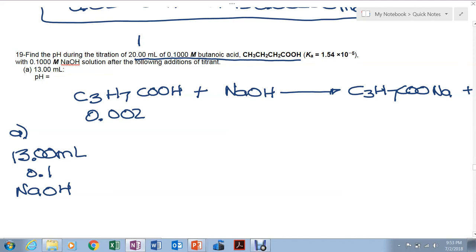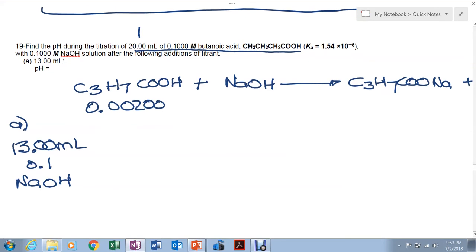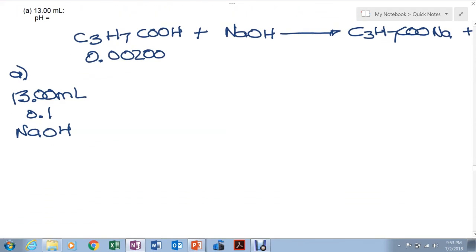Okay, so you got here 0.0 moles. Now let's look at how many moles of sodium hydroxide I put in, because those are the ones that are going to react with the acid. So you got 0.013 liters multiplied by 0.1.